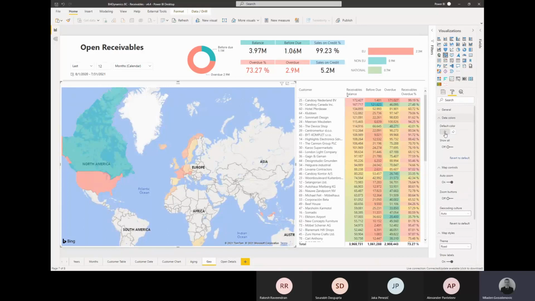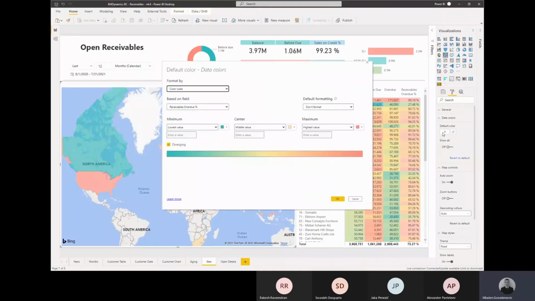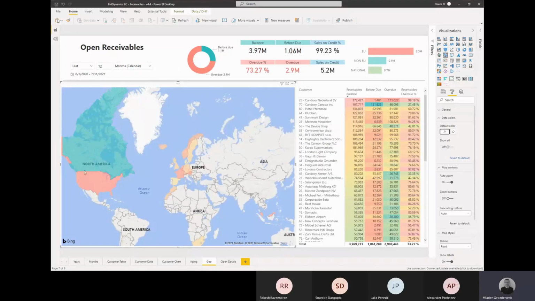So the data colors, if we look into what the data colors are, we don't see immediately, but we see that the highest value is red and it represents overdue. So it means that the United States is pretty much very red, not because they owe us that much, but because the percentage of receivables is red.